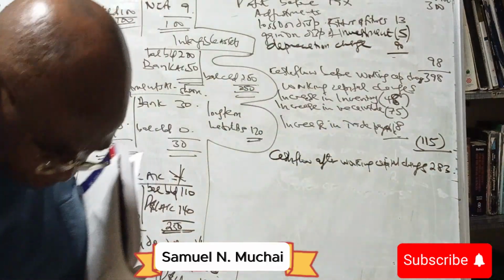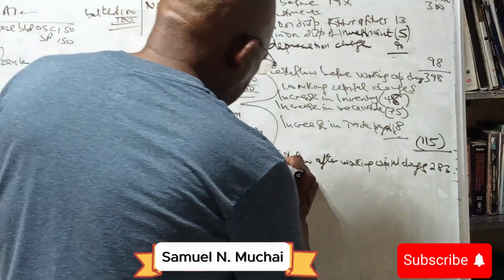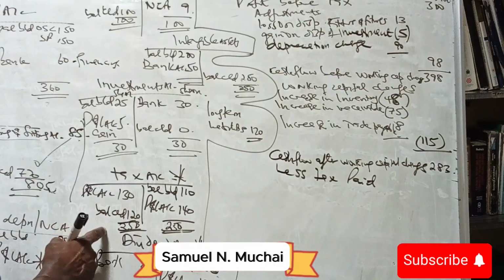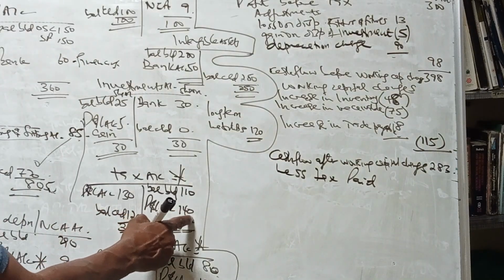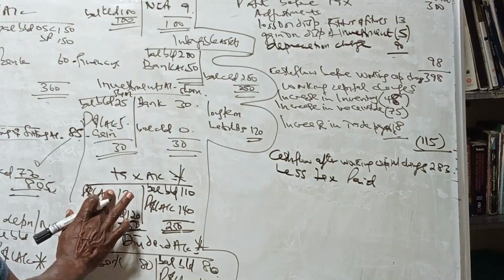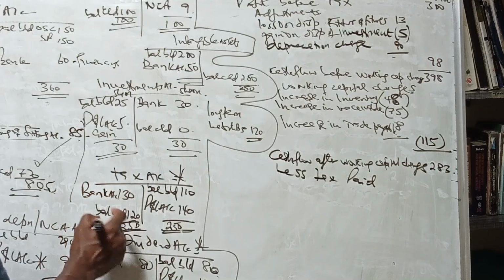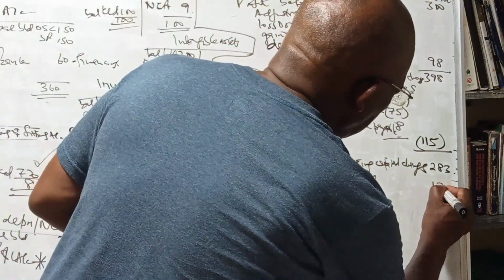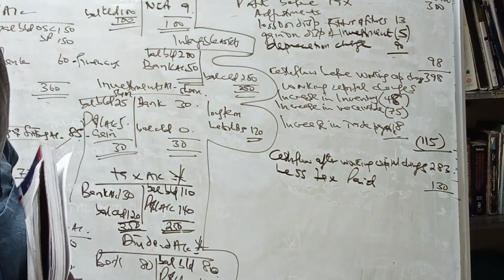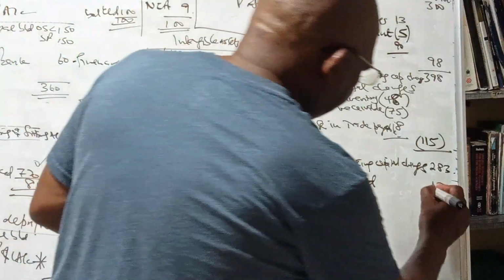But we know we have tax that we paid, so we say less tax paid. We worked our tax account, and it said that the tax paid is not 140 as shown in the income statement; the tax paid is 130, and this is the bank figure. So 283 minus 130, we get a figure of 153.